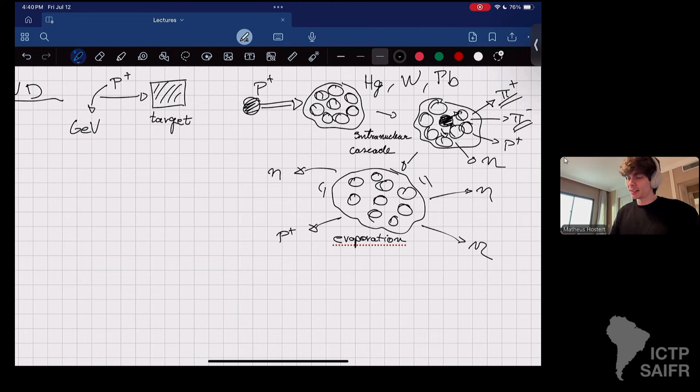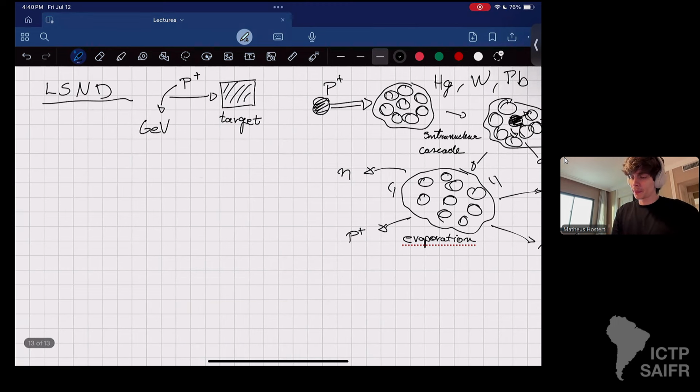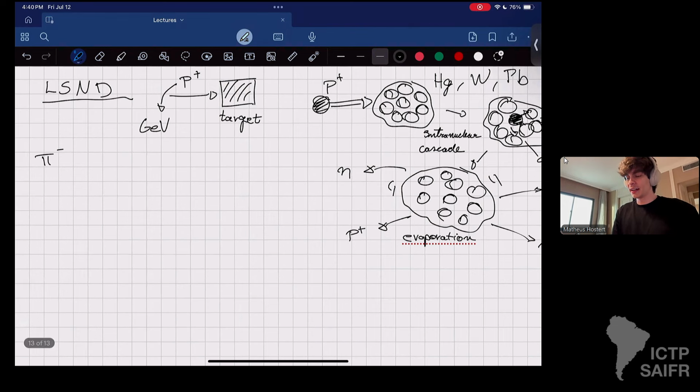So the pions, what happens to them? Let me start with the pi minuses. Once they're produced, they're inside of this heavy and dense target. And what happens is they get captured by other nuclei, which have a bunch of protons, so they're positively charged.